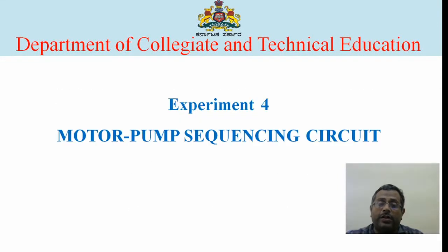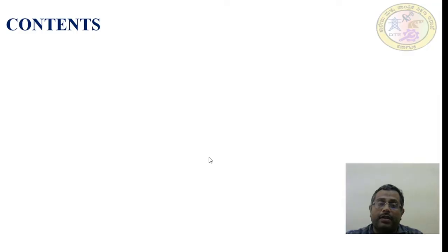Today we will perform experiment number 4 in part B, that is on motor pump sequencing circuit using PLC. This experiment has the following contents. First is the objective of this experiment and why to perform it, and then the theory about this experiment.